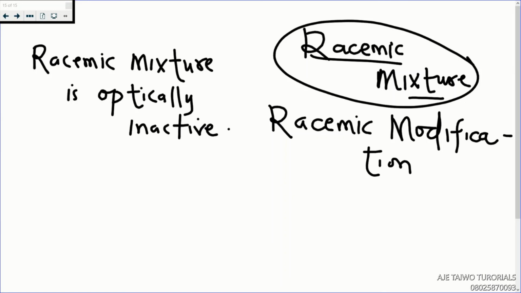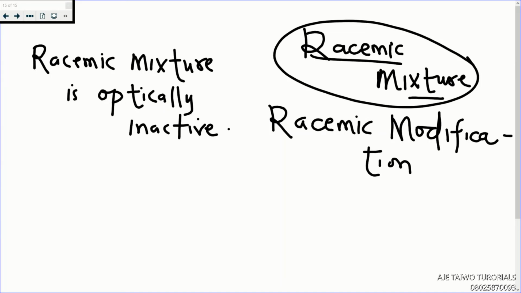Can anybody tell me? It has equal amount, equimolar, equal amount of the D and the L. It has an equal mixture of what will rotate to the left and what will rotate to the right. Look at the board, please.